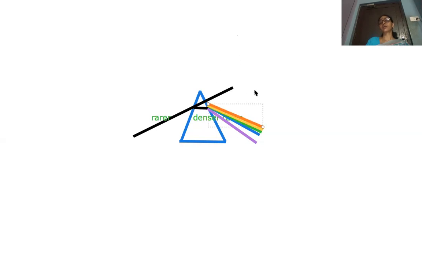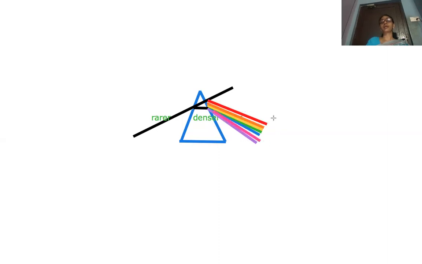So red is going to undergo the least deviation here. You can see the formation of 7 colors. We don't have the indigo color, so let me put some pinkish color, but indigo is a different color in the middle here.